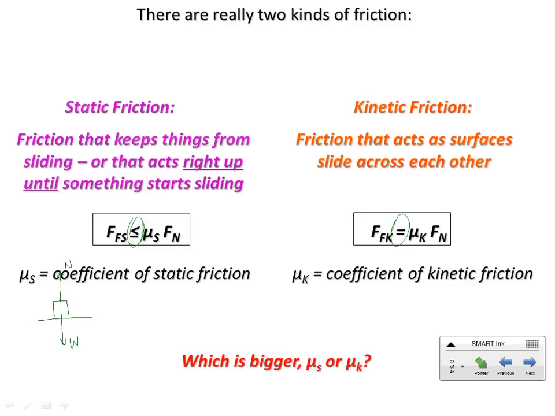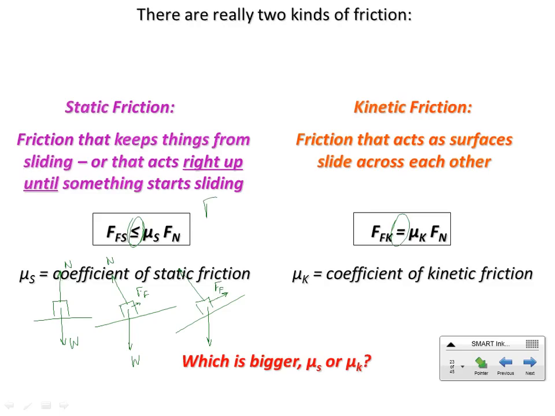Friction opposes motion, and in this case, there's nowhere that thing wants to go. If we put this block on a little bit of an incline, we get a weight force like this, a normal force like this, and a little bit of friction. If we put it on a steeper incline, we get the same weight, a normal force like that, and a little more friction.